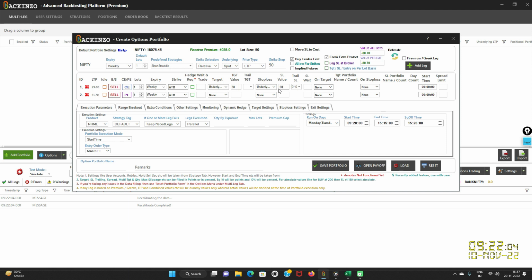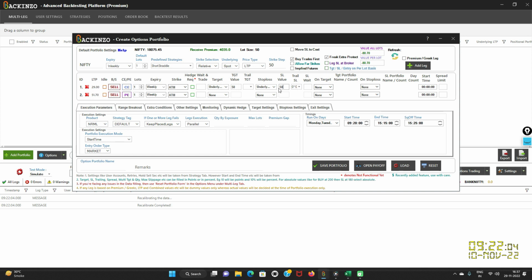I have inserted a neutral value of 50 points under target value and stop loss value. How can a leg which is being sold with plus 50 target and plus 50 stop loss look contradictory? But that's where the beauty comes into the picture.